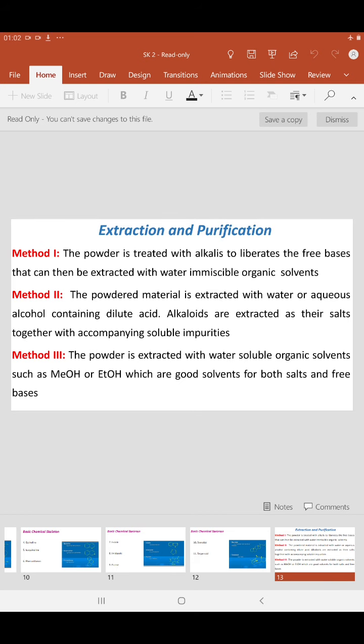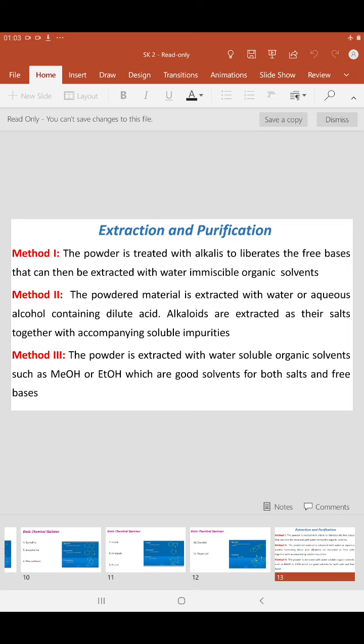Last one, extraction and purification. Here we follow three methods of extraction. Let's see one by one. First method, that is method 1. The powder is treated with alkalis to liberate the free bases that can then be extracted with water-immiscible organic solvents.